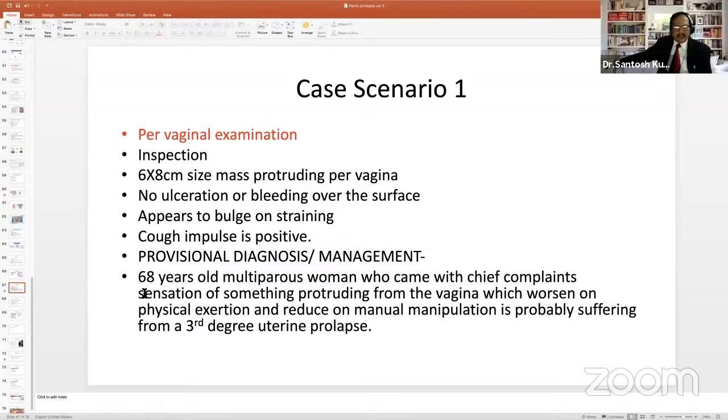Okay. So see, this patient has cystocele and uterine prolapse. The cystocele can be repaired by a simple incision, as we have explained.